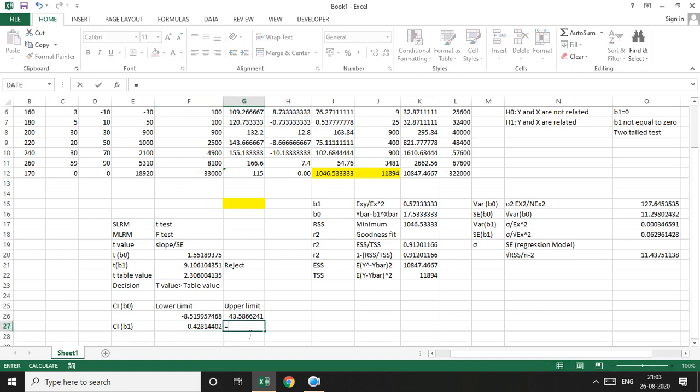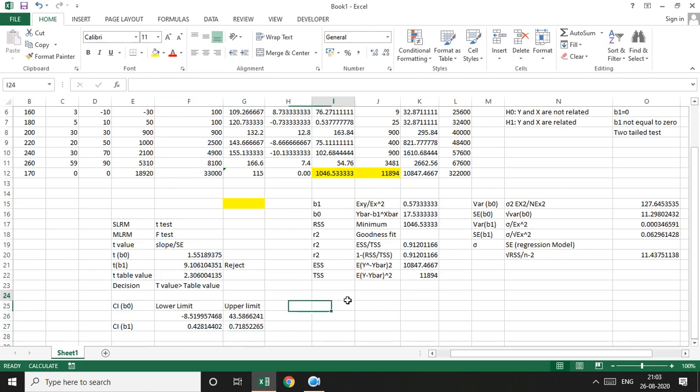Then the upper limit is beta 1 plus 0.629 into your t value, gives 0.7182. So if the values are in between these two, you can make a decision.